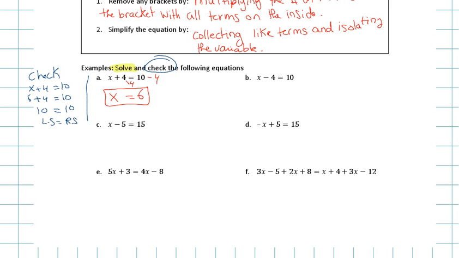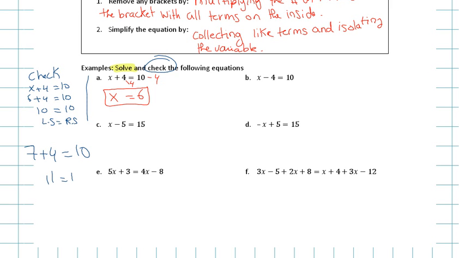Let's say the solution you got is 7, not 6. What happens if I place 7 here? It's going to be 7 plus 4 equals 10. What's 7 plus 4? Is 11 equal to 10? That means there's something wrong.